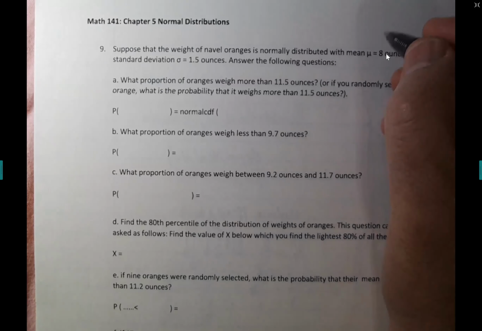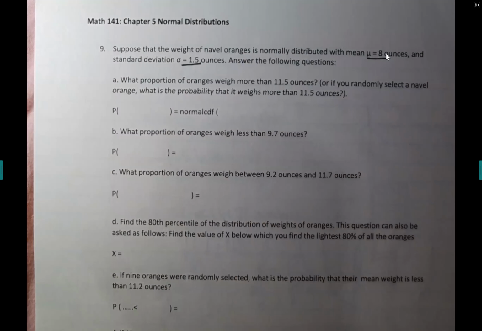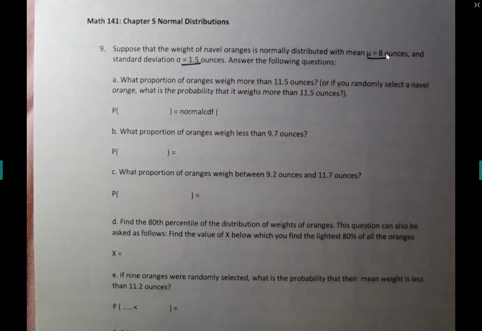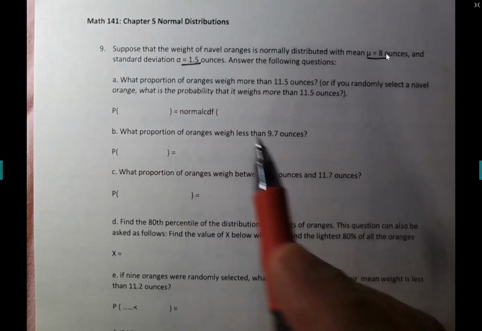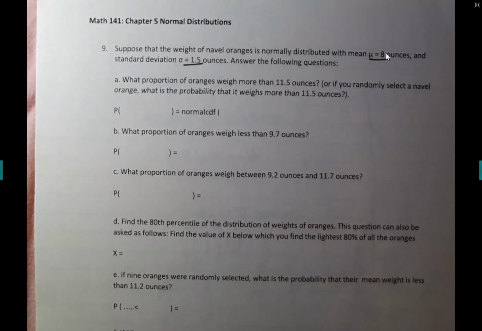And let me get the assignment and show you, to compare the questions in both. Question A. If you randomly select a navel orange, what's the probability that it weighs more than 11.5 ounces?